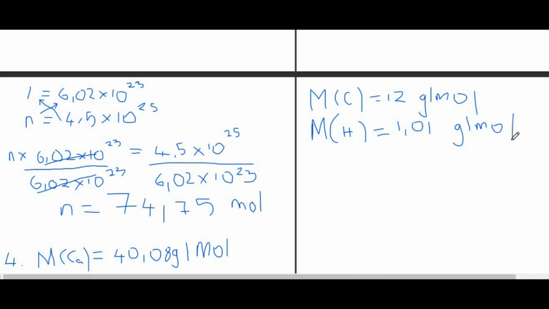How do we find the molar mass of elements? And then you say, what is the molar mass of oxygen? It's 16, still grams per mole. All right, so there you are.